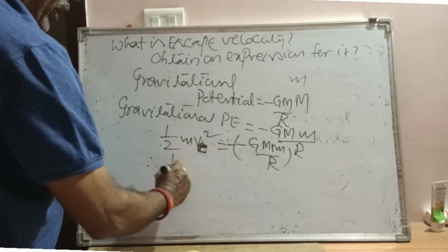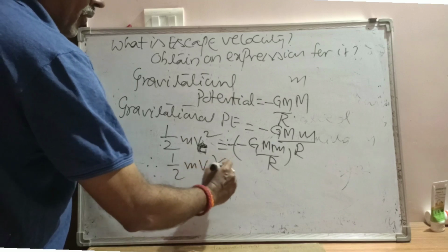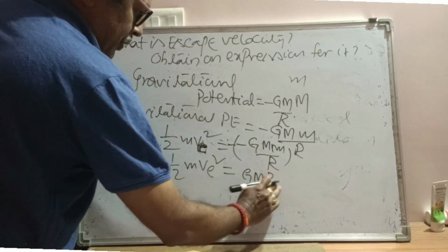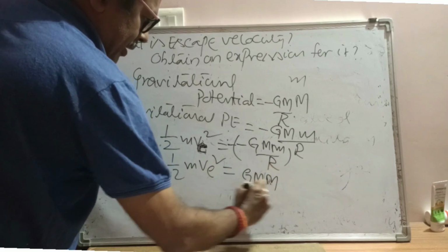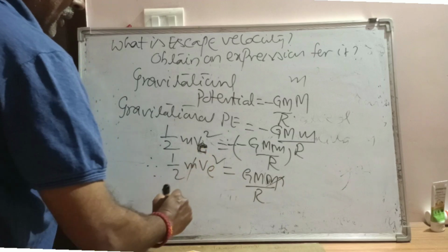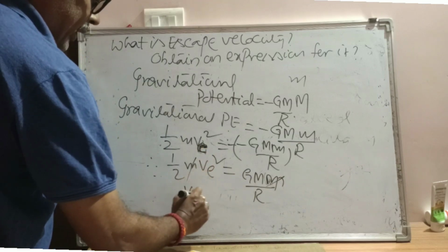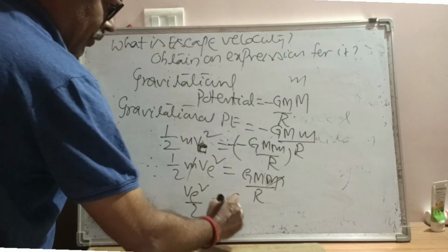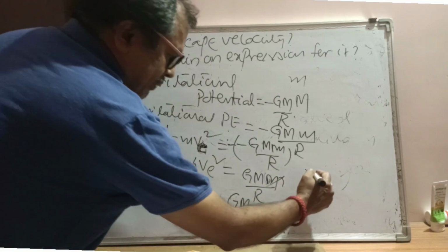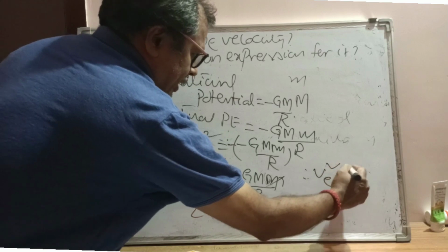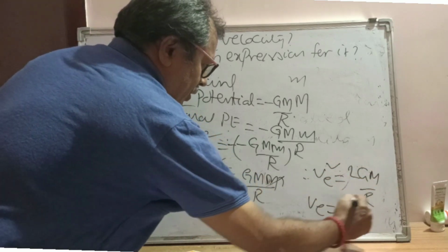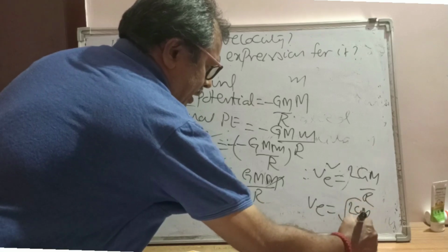Therefore, 1 by 2 m Ve square is equal to G M m by R. Dividing both sides by small m, you will get Ve square by 2 is equal to G M by R. Taking cross multiplication, Ve square is equal to 2 G M by R. Ve is equal to square root of 2 G M by R.